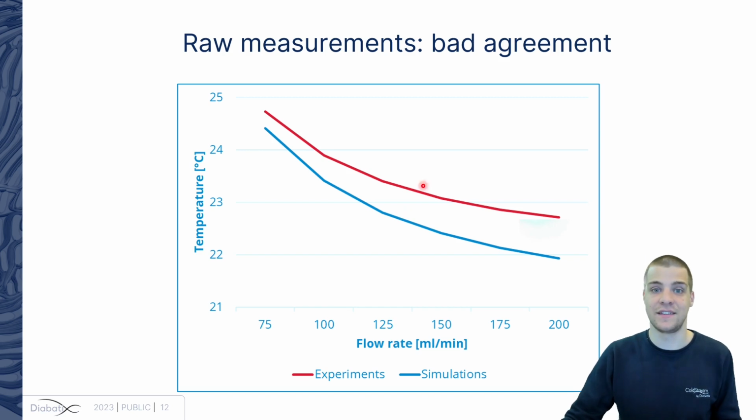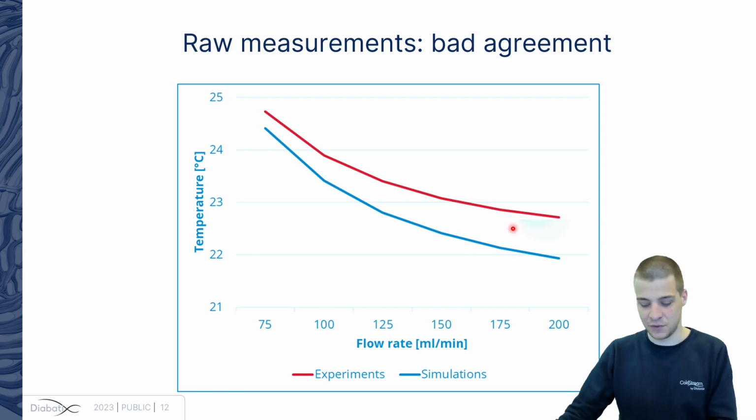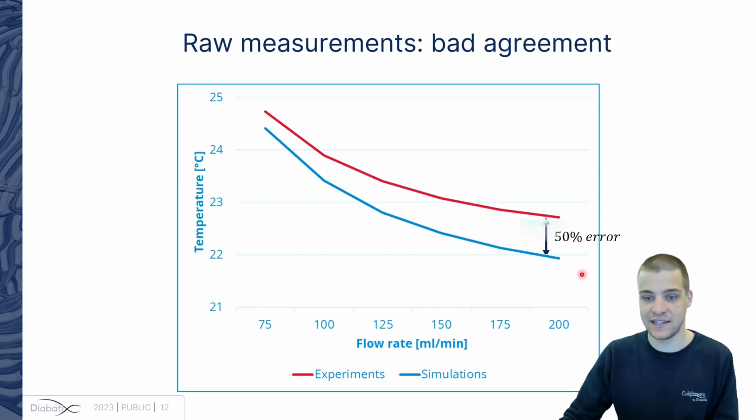And now we can have a look at the raw data. So on the screen here, you will see the temperature of the heat source, both for the experiments in red and the blue line of the simulations. And the first thing that you will notice, there's a very bad agreement between the two, especially at the higher flow rates, where there's a 50% error margin between the two.